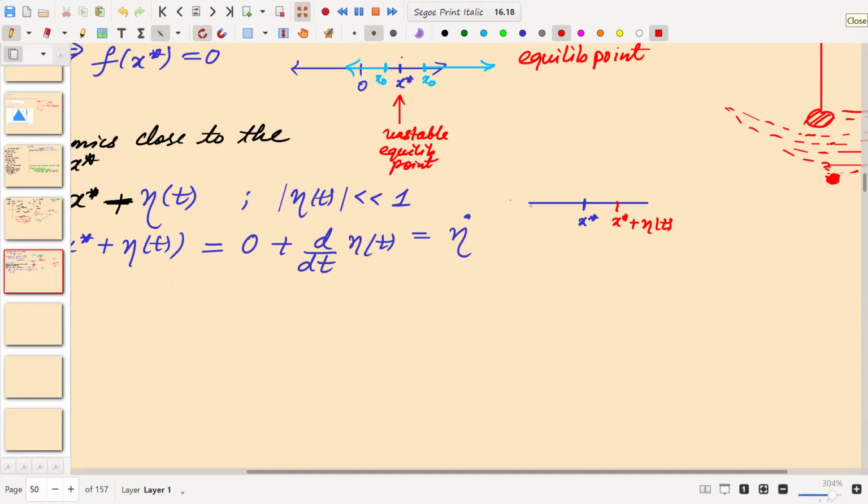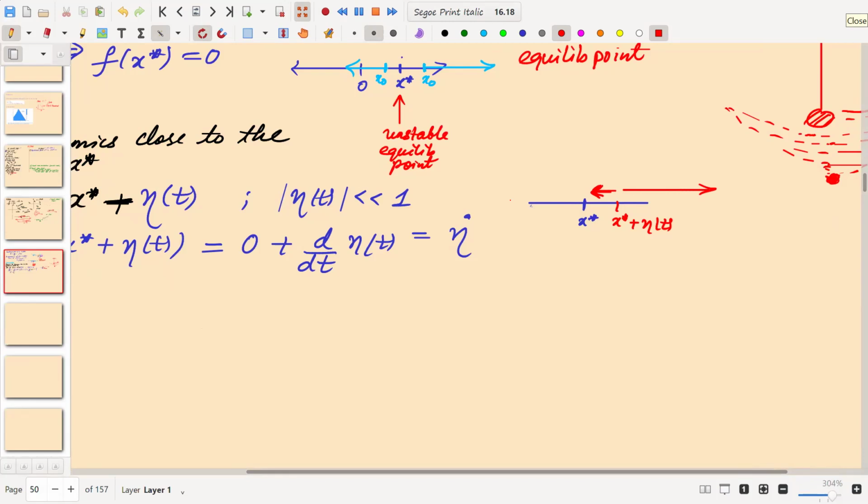The question is, as time evolves, whether this perturbation will go away from that fixed point or come back to it. That's what we are trying to understand here. If it comes back to the point x star, then it is stable. Through this notation eta t, we will try to find a condition such that it comes back to x star, so that we can generalize a definition of a stable equilibrium point.